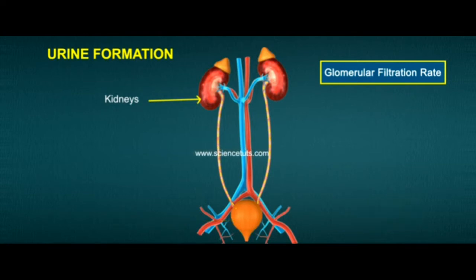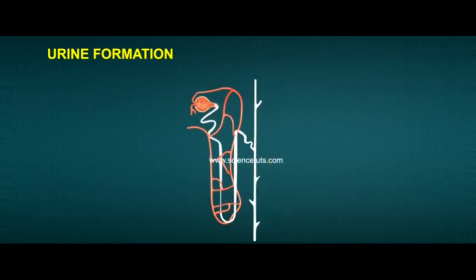The kidneys have a built-in mechanism for the regulation of glomerular filtration rate. One such efficient mechanism is carried out by the juxtaglomerular apparatus, that is JGA.